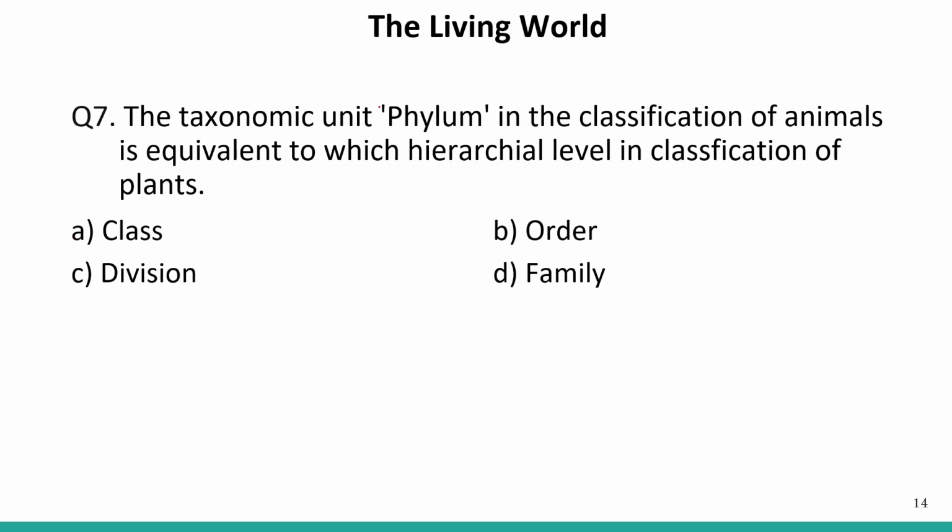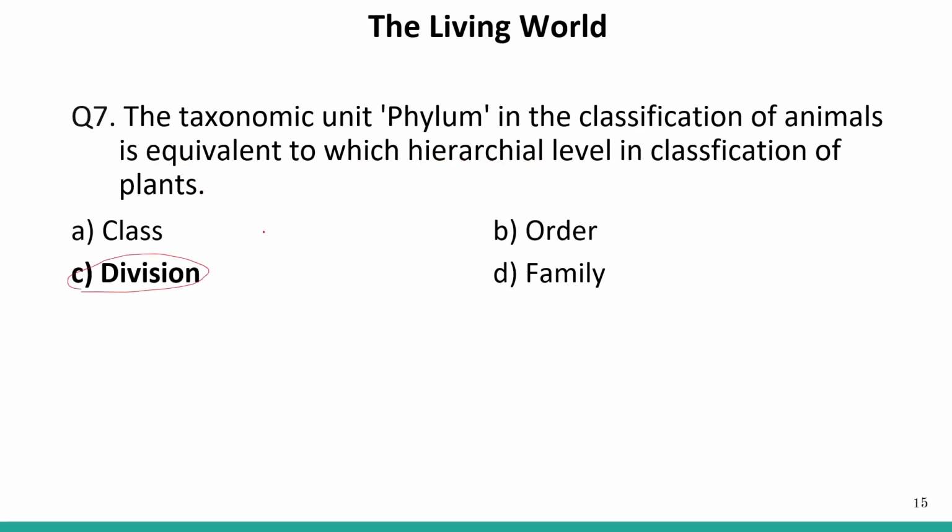The next question is, the taxonomic unit phylum in the classification of animals is equivalent to which hierarchical level in the classification of plants? This is also a straightforward question. Options are class, order, division and family. So division is the correct answer.